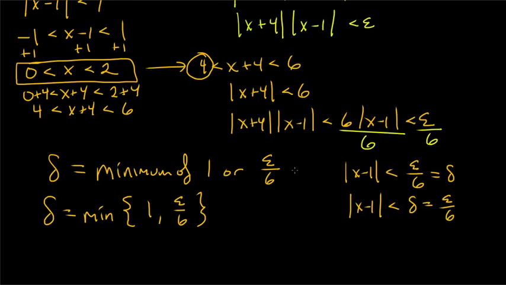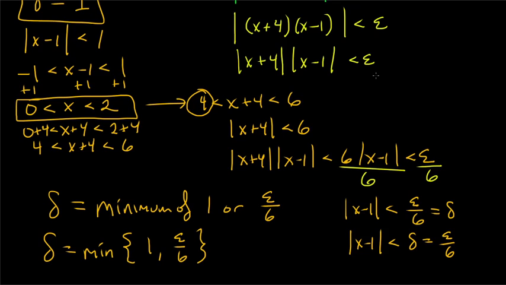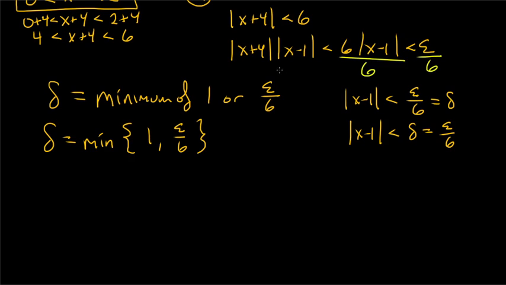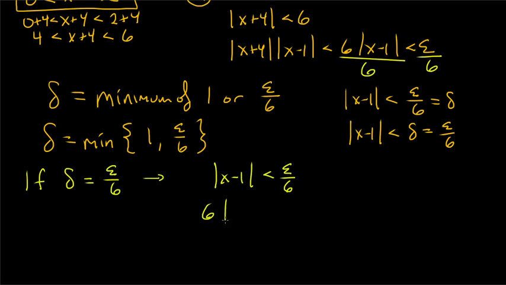All right, so that might not be clear at this point. But let's see what happens, first of all, if our delta is epsilon over 6. That means that in absolute value, my x minus 1 is less than delta, or in this case, epsilon over 6. And we know that we can multiply both sides by 6.